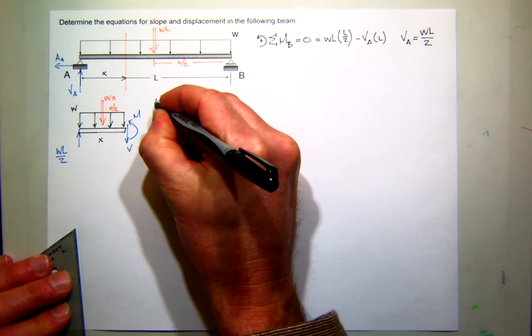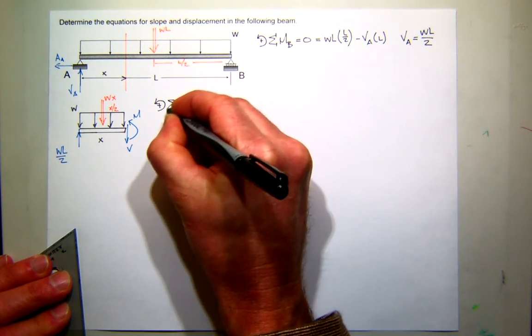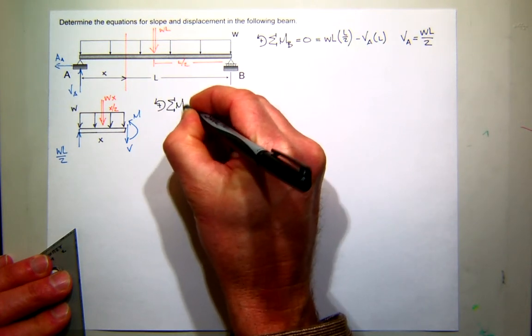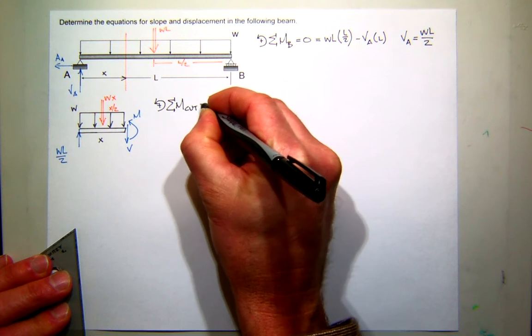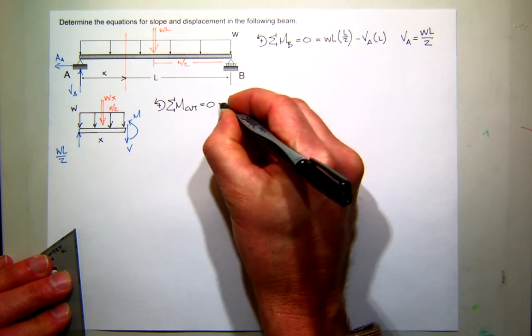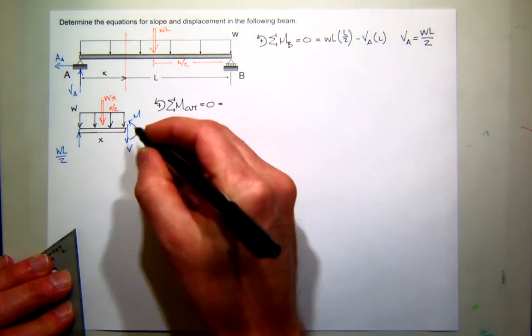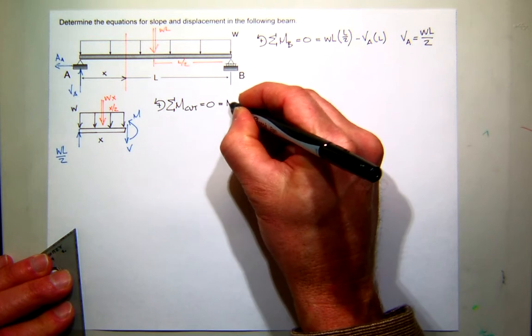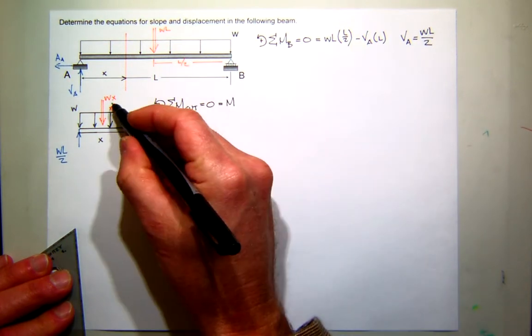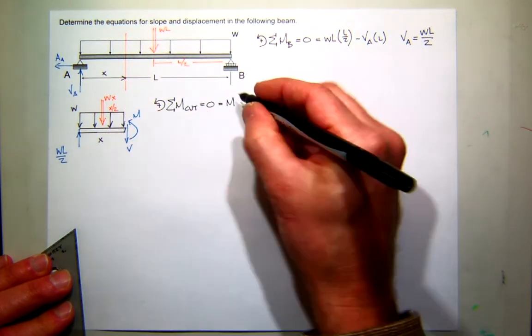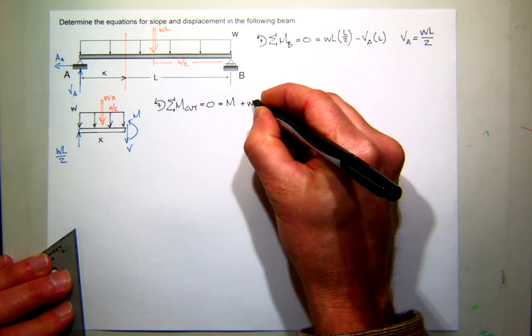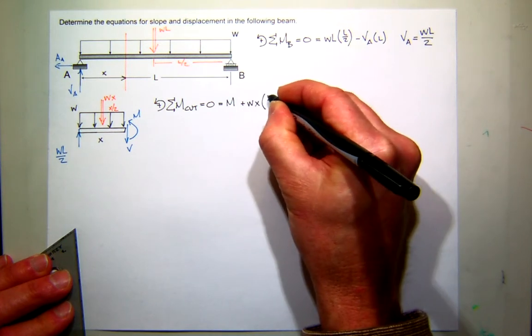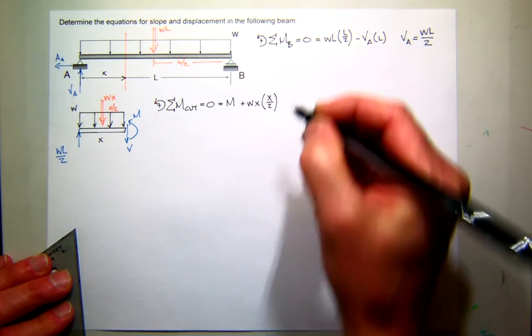So again, let's sum moments using right-hand rule as our sign convention. And I'll do it at this arbitrary cut distance x. Starting at the left-hand side, I have the moment, internal moment. This force Wx creates positive moment. So there's my force Wx times my distance x over 2.